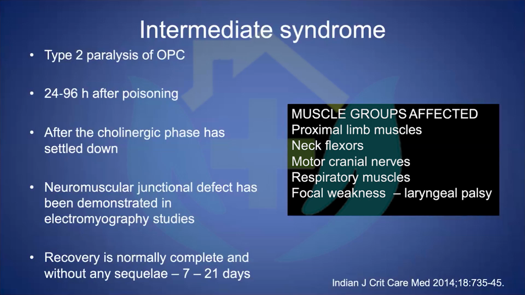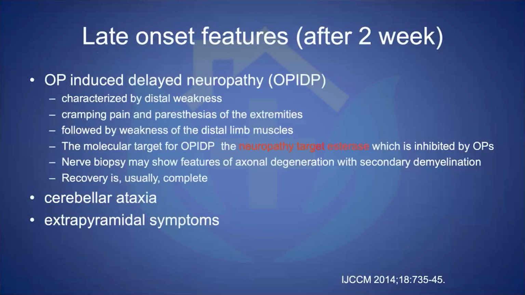Muscle groups affected: proximal limb muscles, neck flexion, motor cranial nerves, respiratory muscles, focal weakness, and sometimes laryngeal palsy. Late onset feature after 2 weeks is a neuropathy, characterized by distal weakness. The intermediate syndrome is a proximal weakness, and OP induced delayed neuropathy is a distal weakness.